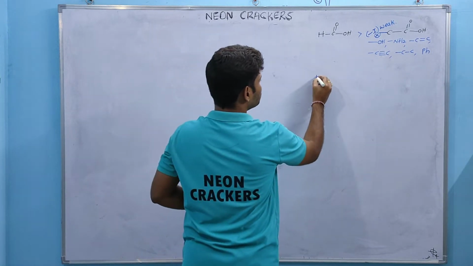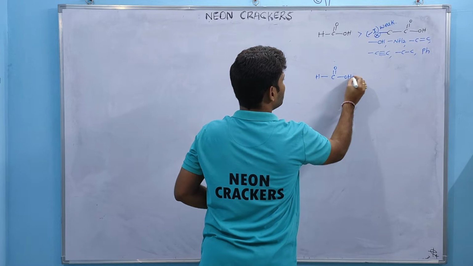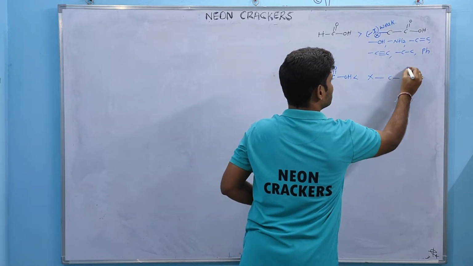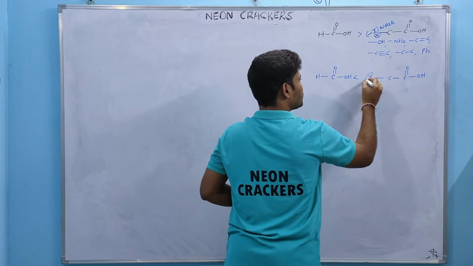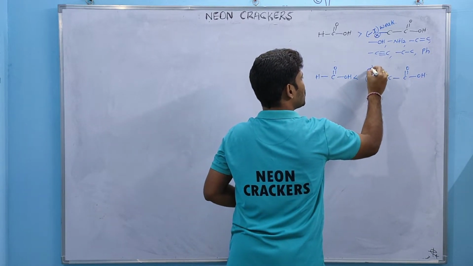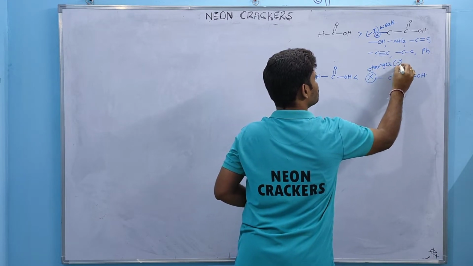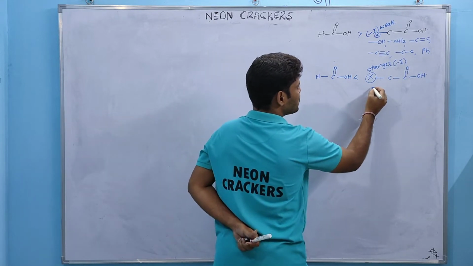Second one, the opposite. Formic acid is less acidic than one type of carboxylic acid, where X is a stronger minus I group, beta. What are the stronger minus I groups here?